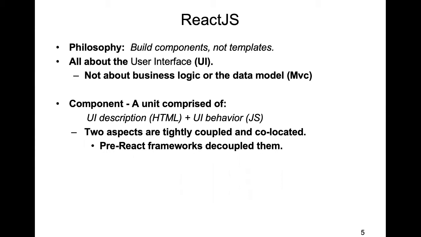In terms of UI behavior, what I mean is how does the UI react when the user interacts with it? How does it behave? And we're going to be coding up the UI behavior side of our components using JavaScript. So it's two very well established technologies, and we've got nothing new to learn as such. Whereas, as I said, with the templating approach, you had to learn the templating syntax as well.